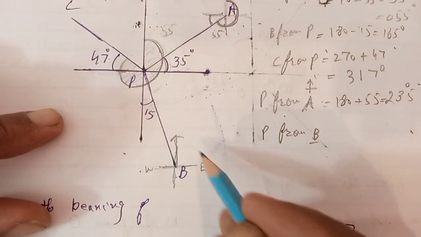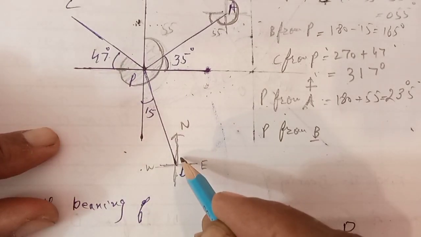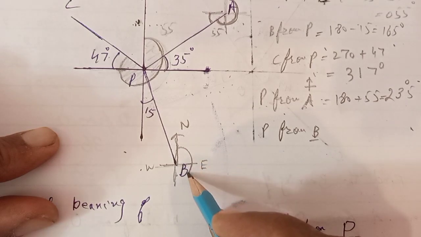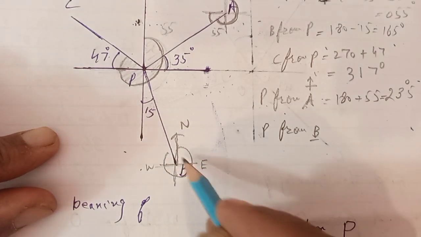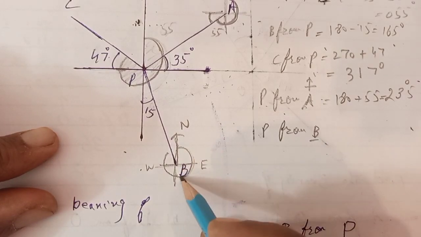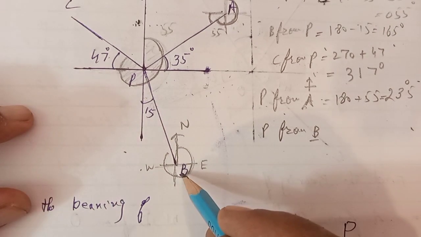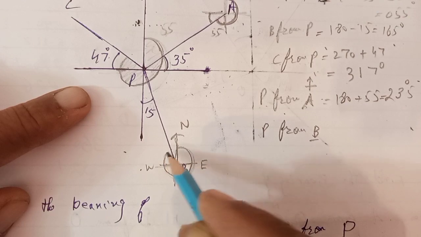Now, what is the bearing of P from B? You start from the north pole at B and move over here. This is the bearing of P from B, so you have to calculate this angle.